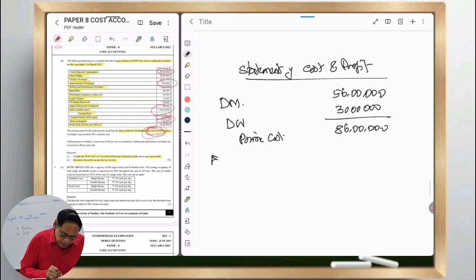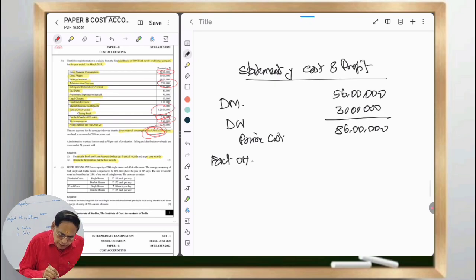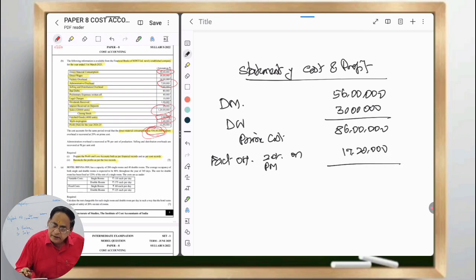And then factory overheads, in the question itself it is told that it is 20% on prime cost. So 20% on prime cost, the 86 lakhs, 86 lakhs into 20%, that is 17,20,000. So 17,20,000 is factory overheads. If we add, that is 1,03,20,000.